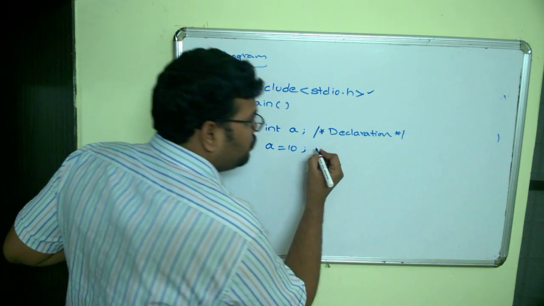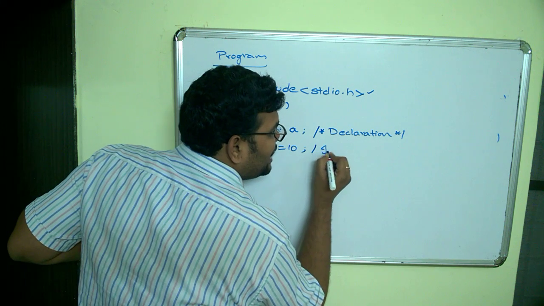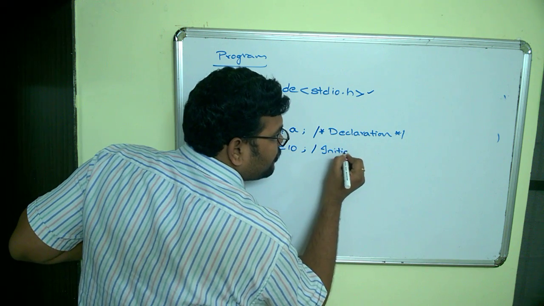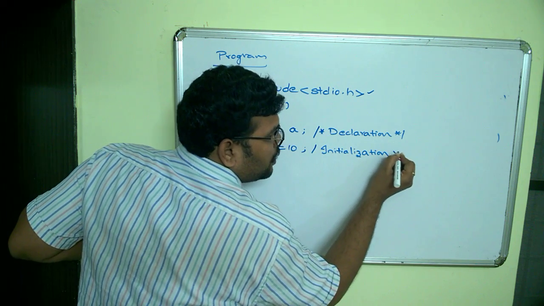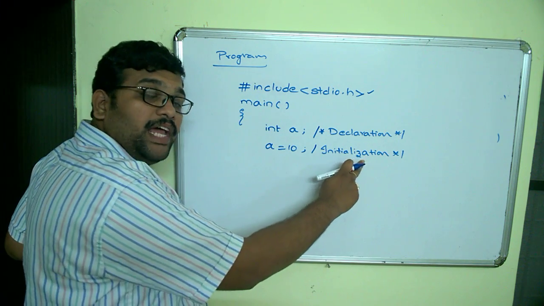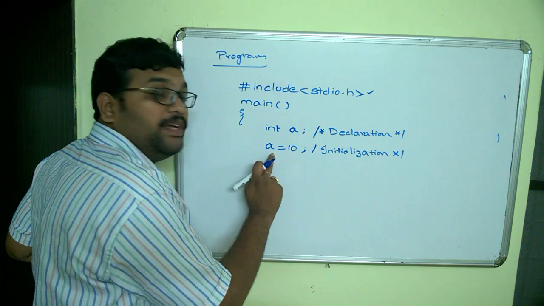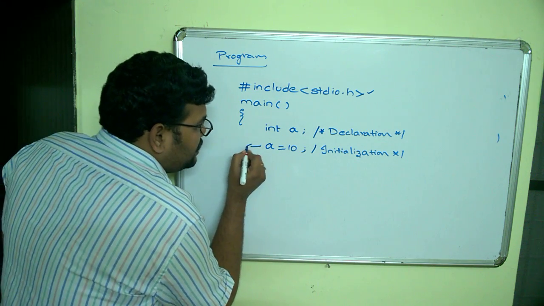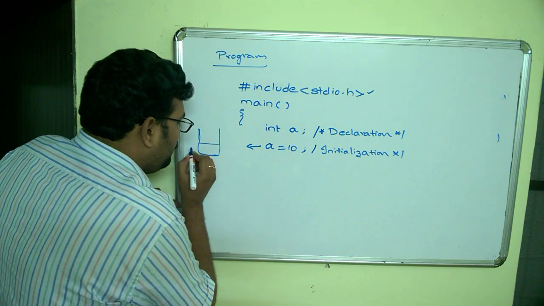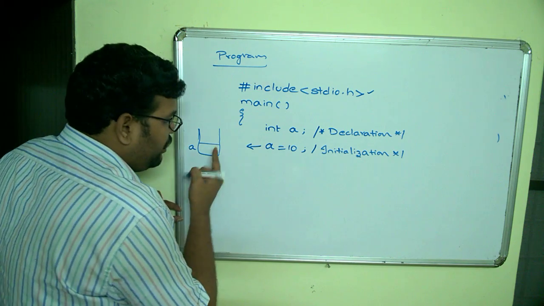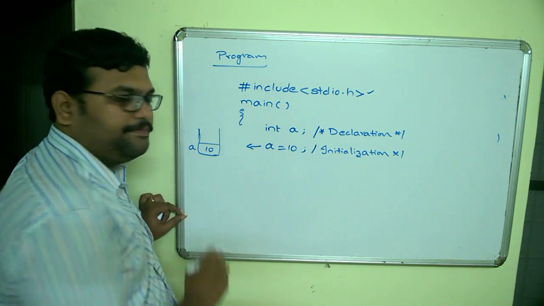Here a is equal to 10 is initialization. Initialization means we are assigning a value to that variable. So this statement indicates a memory location with a variable name a. It holds the data 10.